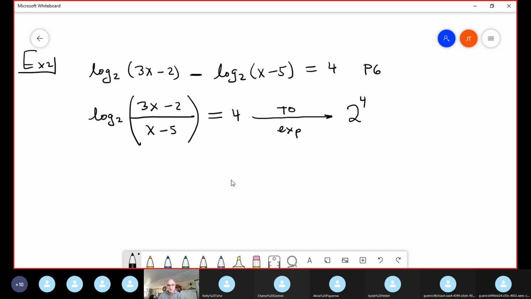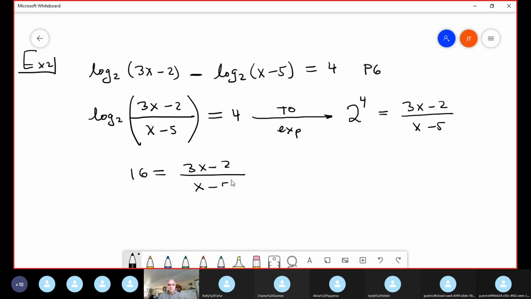Remember, the interpretation of the logarithm is the exponent: give me the exponent necessary to raise the base in order to get this. And the rest is 3x minus 2 over x minus 5. No more logarithm. And 2 to the 4 power is 2 times 2 times 2 times 2, which is 16. So 16 equals 3x minus 2 over x minus 5.